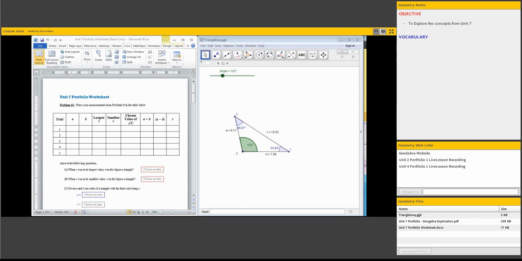You have the ability to change this main angle here by scrolling. You don't want any external angles like this. You want to keep it somewhere between 0, obviously not 0, and 180 degrees, which would be a straight line.